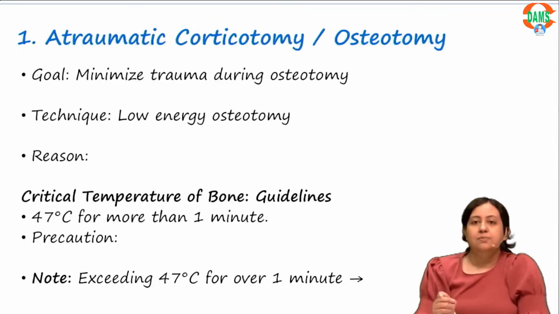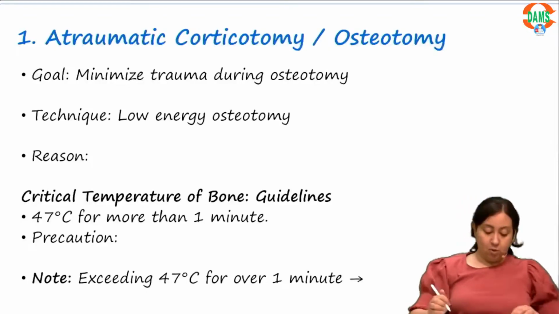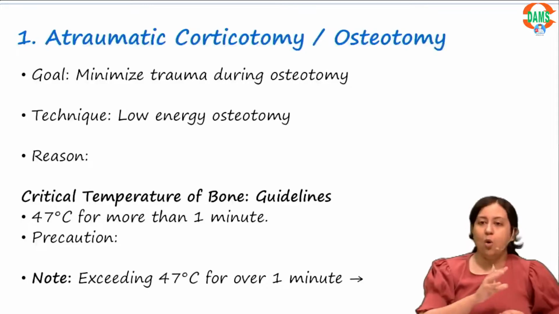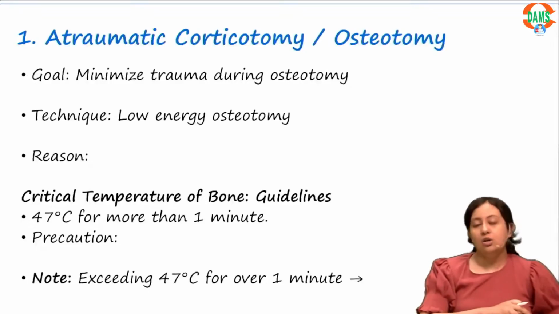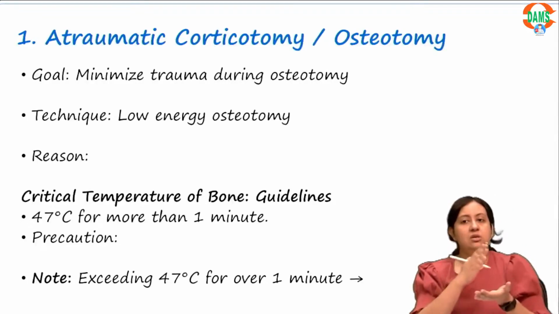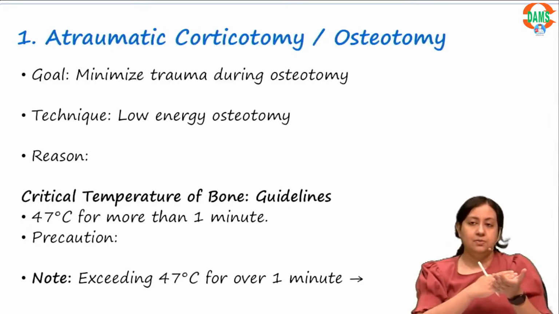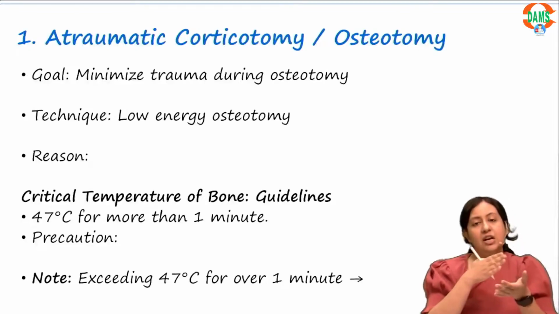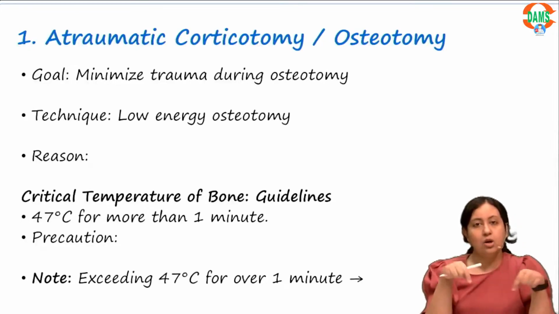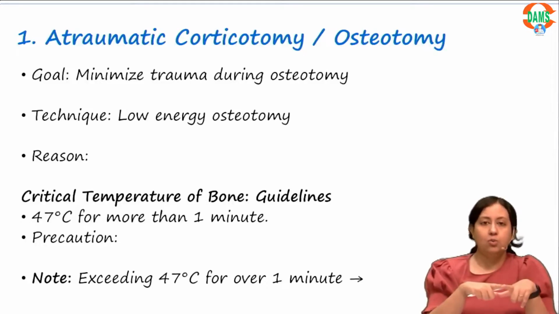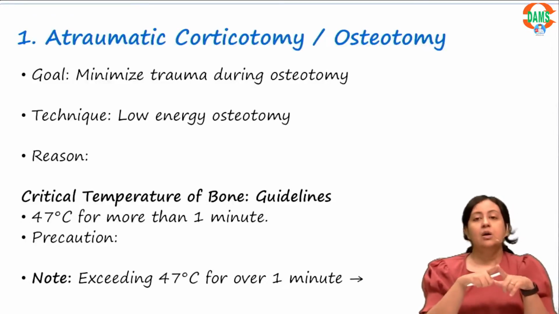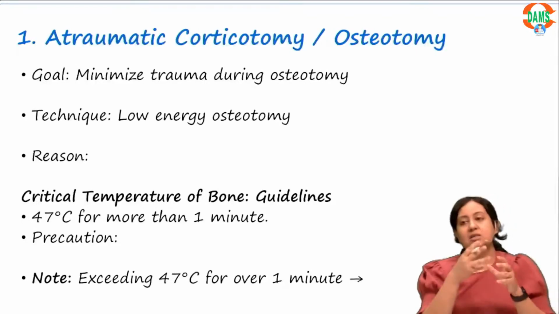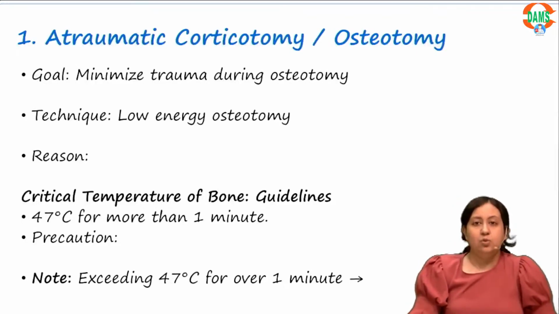Please listen carefully, I'd like to tell you a small difference. Corticotomy is basically used in long bones. In corticotomy, we are just dividing the outer cortex, not dividing the long bone through and through. Why? Because a long bone is less vascular as compared to a facial bone.